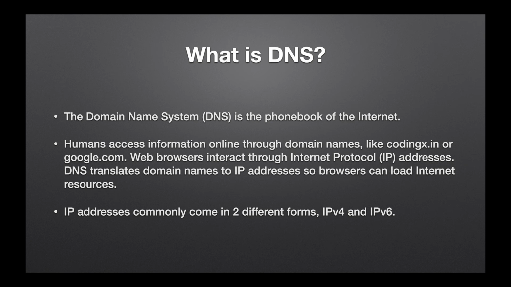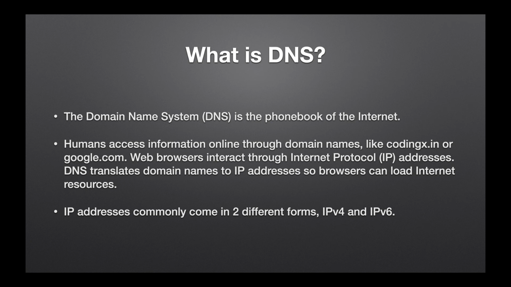IP addresses are used by computers to identify each other on the network. IP addresses commonly come in two different forms: IP version 4 and IP version 6. The IPv4 address space is a 32-bit field and has about 4 billion different addresses.